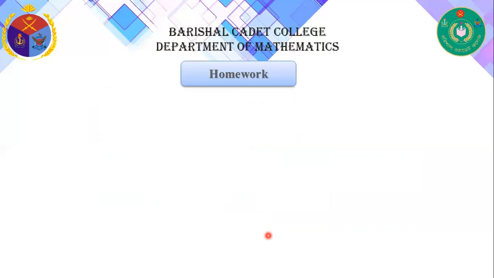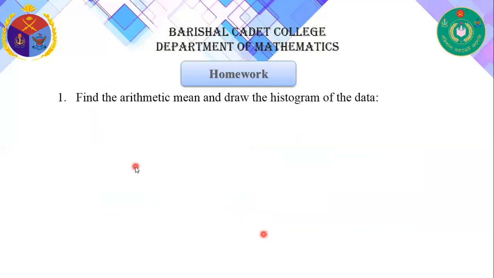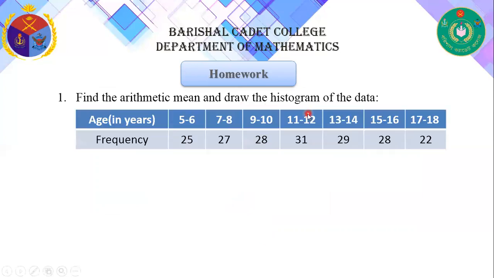Your homework is here. Number 1, find the arithmetic mean and draw the histogram of the data: age in years and frequency. For 5-6 years, frequency 25; 7 to 8 years, 27; 9 to 10 years, 28; 11 to 12 years, 31; 13 to 14 years, 29; 15 to 16 years, 28; 17 to 18 years, 22 frequency.